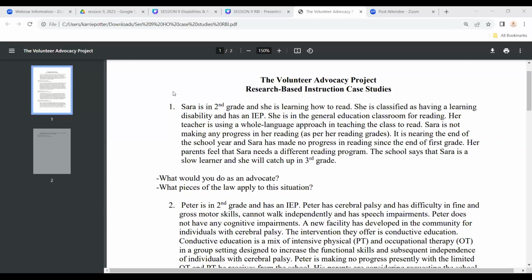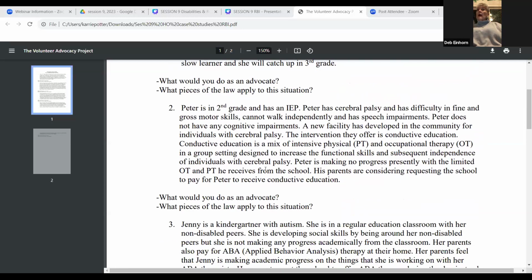Definitely. Sure, because let's think about how children learn and their stages of learning. Statistics show that children who don't learn to read by third grade have a pretty dismal outlook for the rest of their school career.